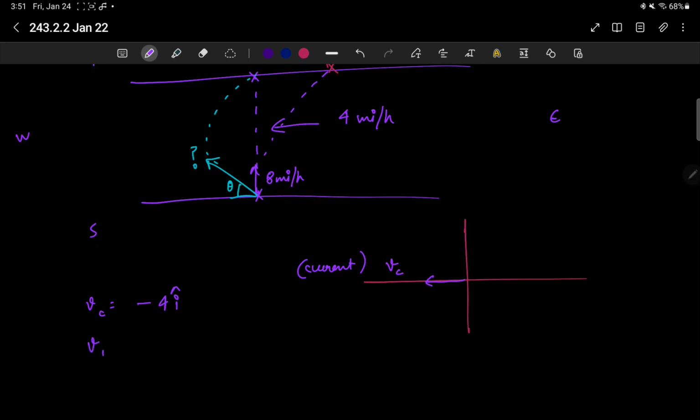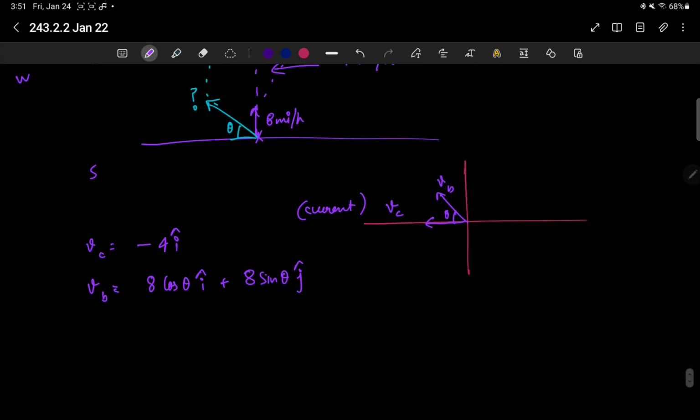And then we have the speed of this boat is at some angle, right? Some angle theta. So V boat theta, which means its x component is VB cosine theta. Actually, we know what the speed is. It's 8. And its vertical component is sine theta j cap.